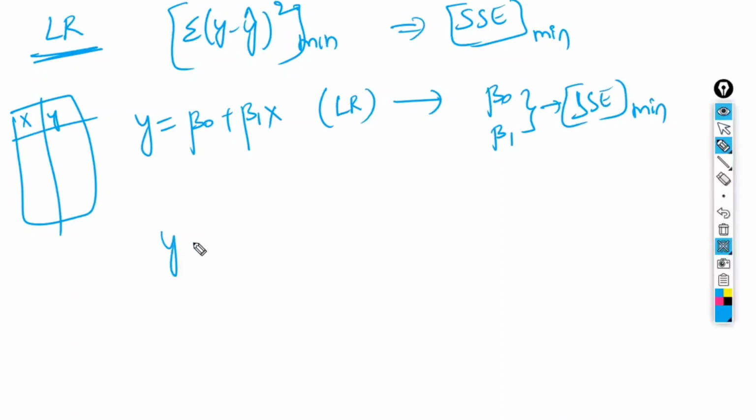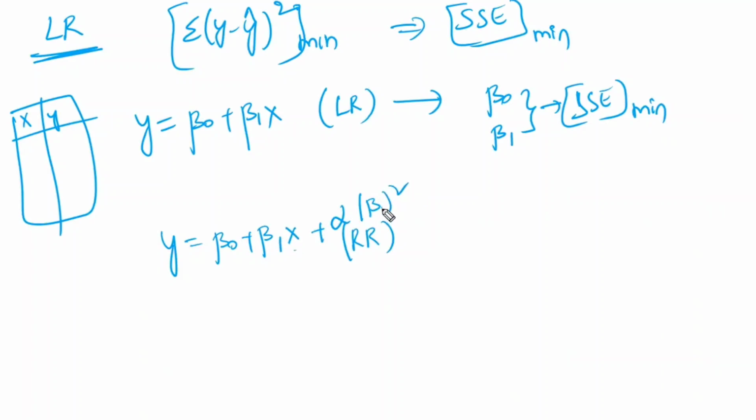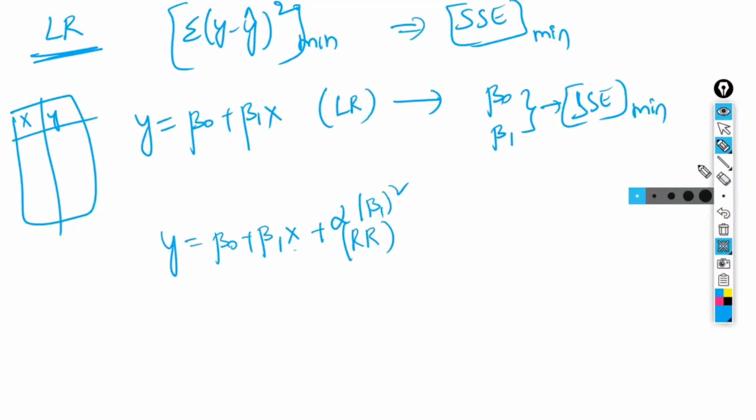The same thing in ridge regression. What happens is, beta naught plus beta 1 x plus alpha into beta square, whatever the beta square, that is the slope square. Overall this one should be minimum.